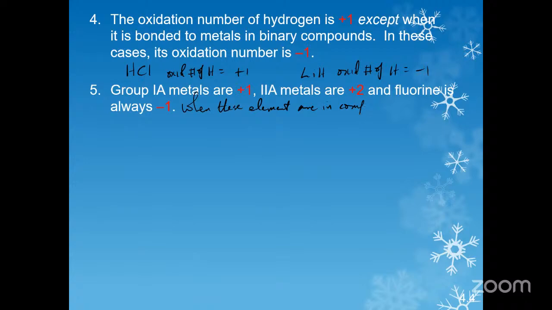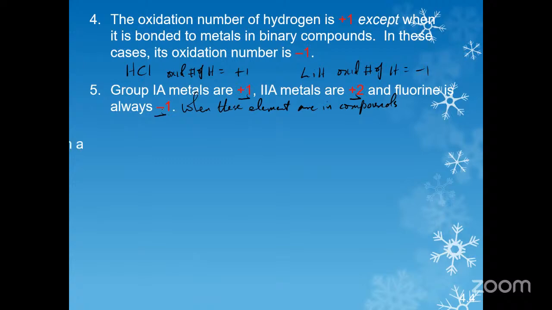So if these elements are combined with other elements to form compounds, then in the case of group 1A metals, their oxidation number is +1. In the case of group 2A metals, their oxidation number is +2. And fluorine is always -1 when it's combined with other elements, all right?